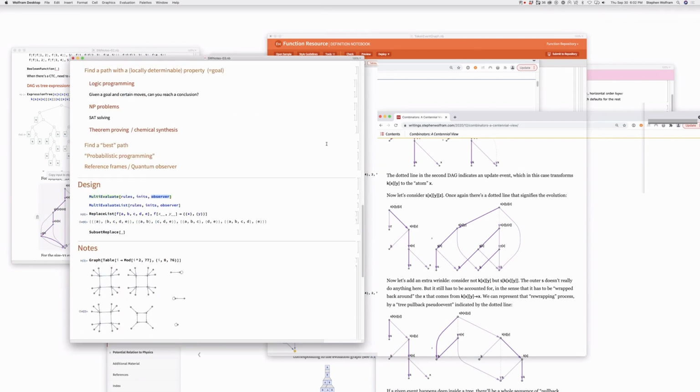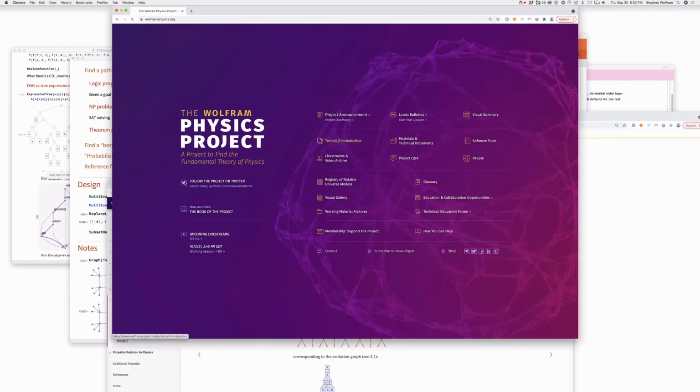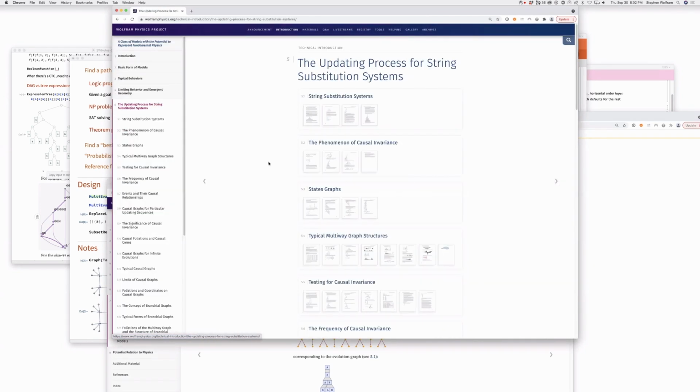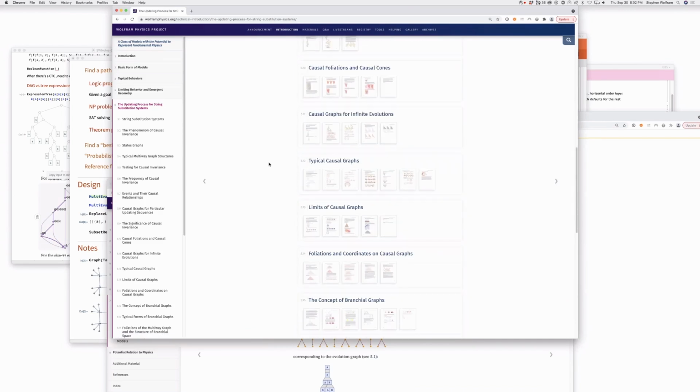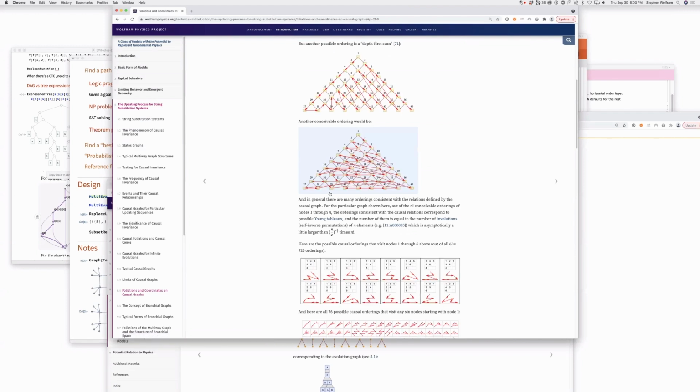Okay, so what I was trying to show was maybe this. Another thing which we haven't talked about properly is this notion of causal graphs.